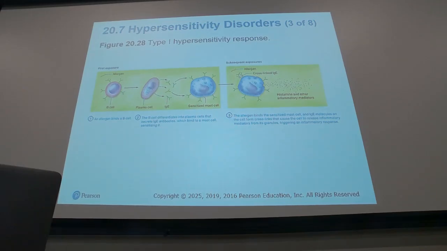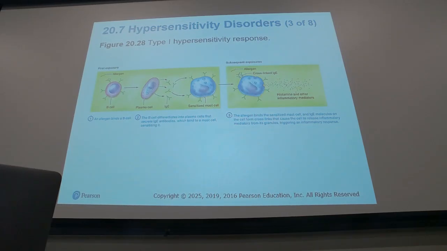Now for type 1, which is called anaphylactic, we have local and we have systemic. Local is mild, the signs and symptoms. Someone will have runny nose, watery eyes, sneezes, coughs, but nothing else. We have systemic anaphylaxis that can kill the person within minutes.